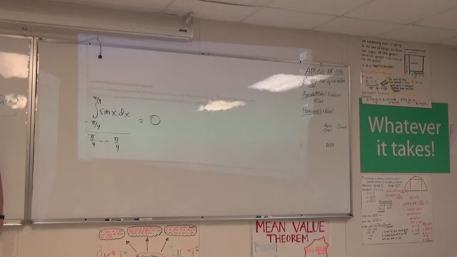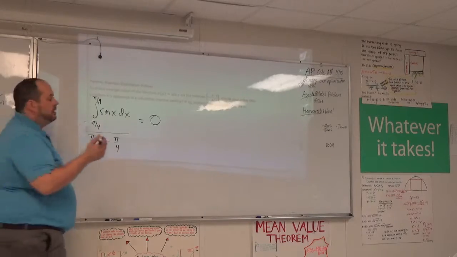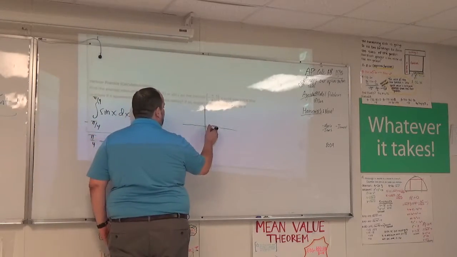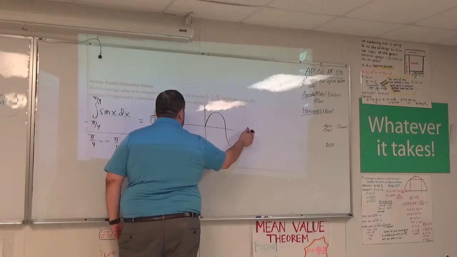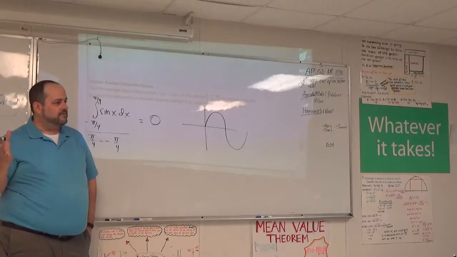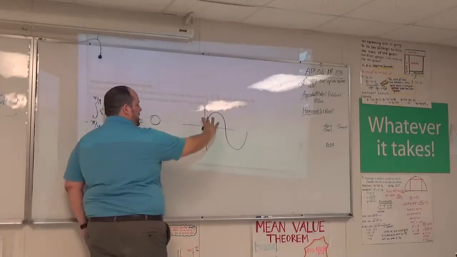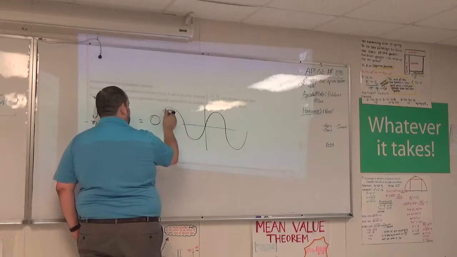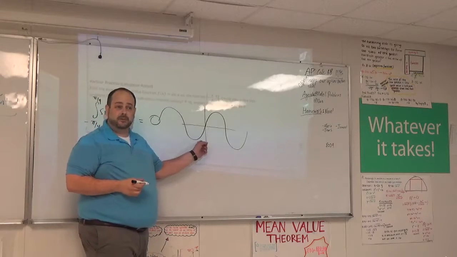Sine of x is an odd function. Right? The graph of sine of x, whether you know to call it an odd function or not, think about the graph of the sine function. What I heard up front was you have rotational symmetry, meaning the graph looks something like this. That's why we call it an odd function.